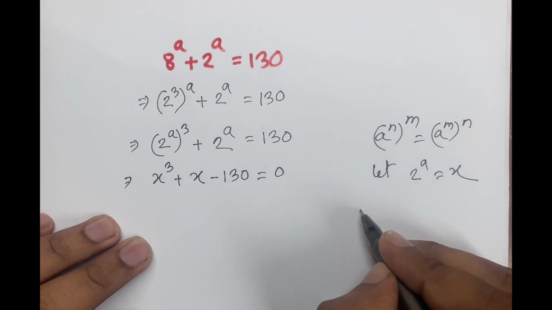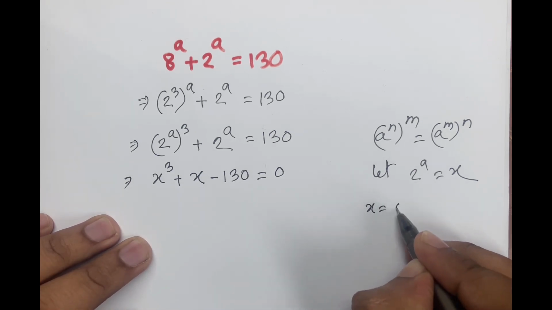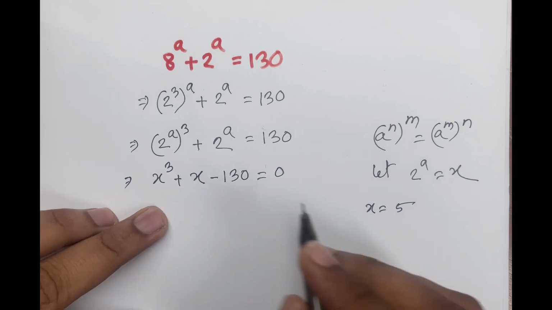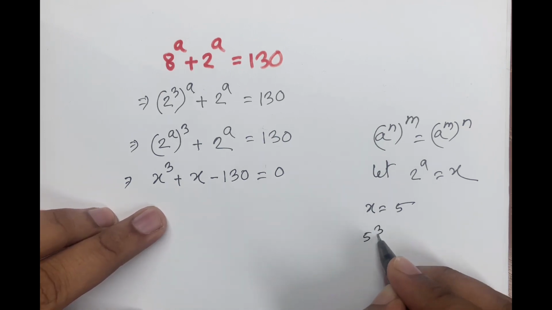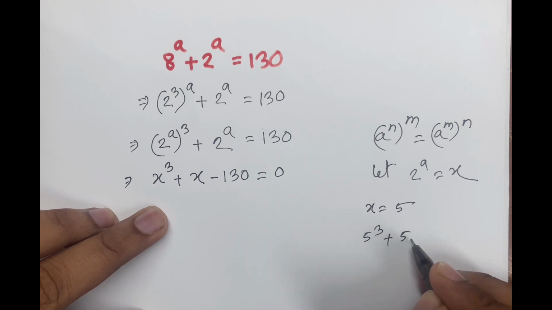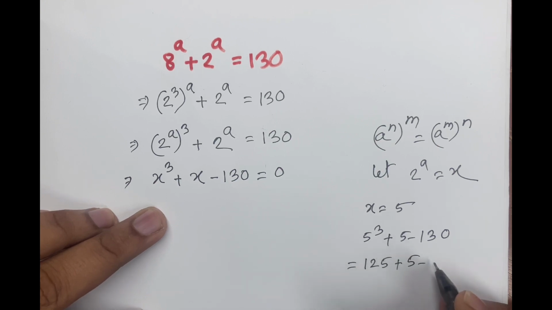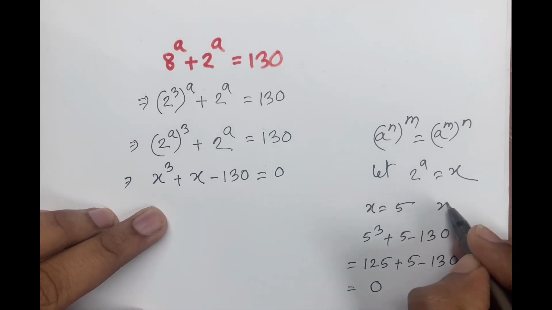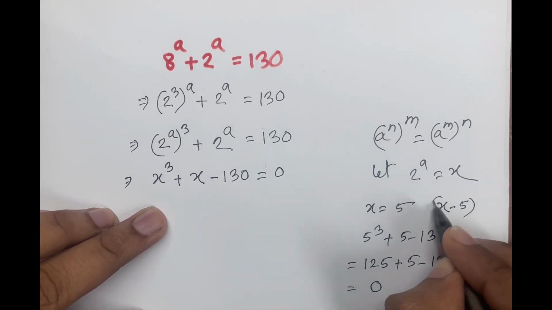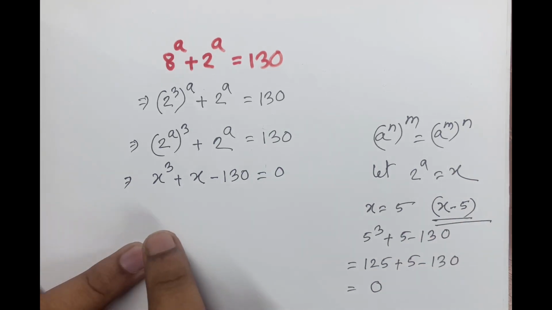If I take x = 5, then 5^3 + 5 - 130 is 125 + 5 - 130, so this is 0. Now I can see easily x - 5 is one factor of this equation.